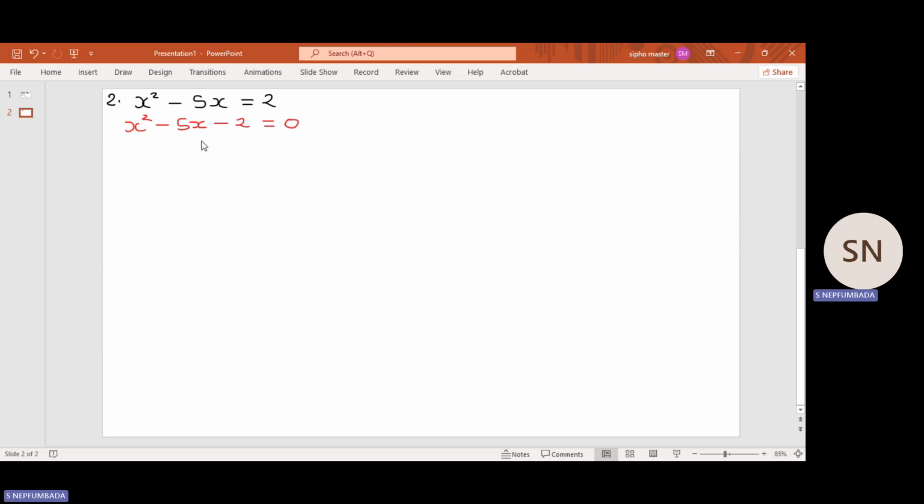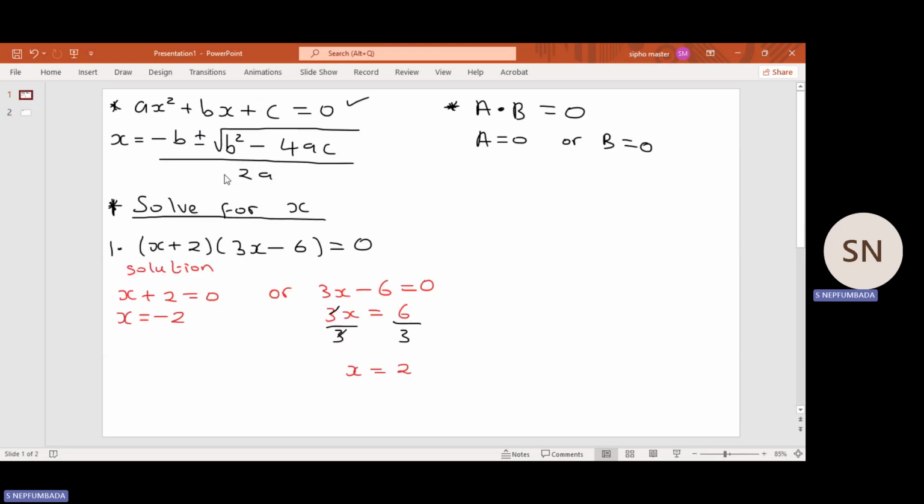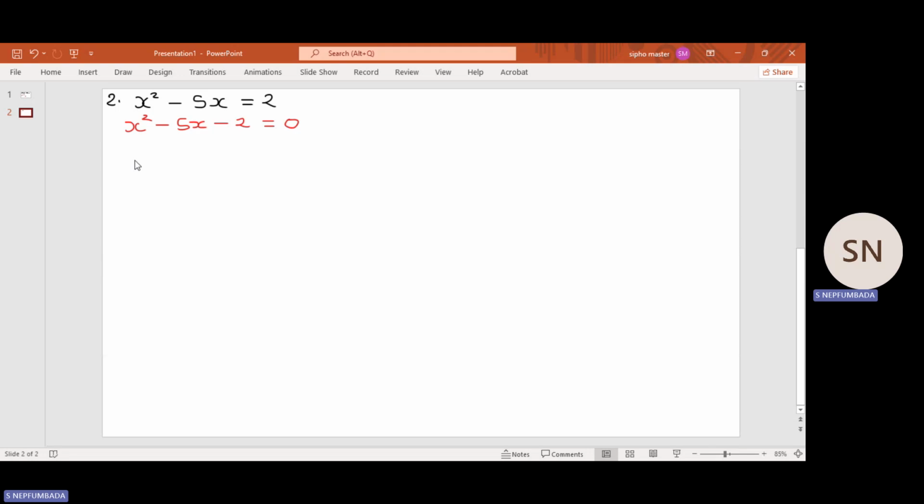Then, since other people can factorize, but we prefer to use this formula so that everyone may be covered. So we know that our x is equal to, we write the formula down, minus b plus or minus the square root of b squared minus 4ac all divided by 2a.